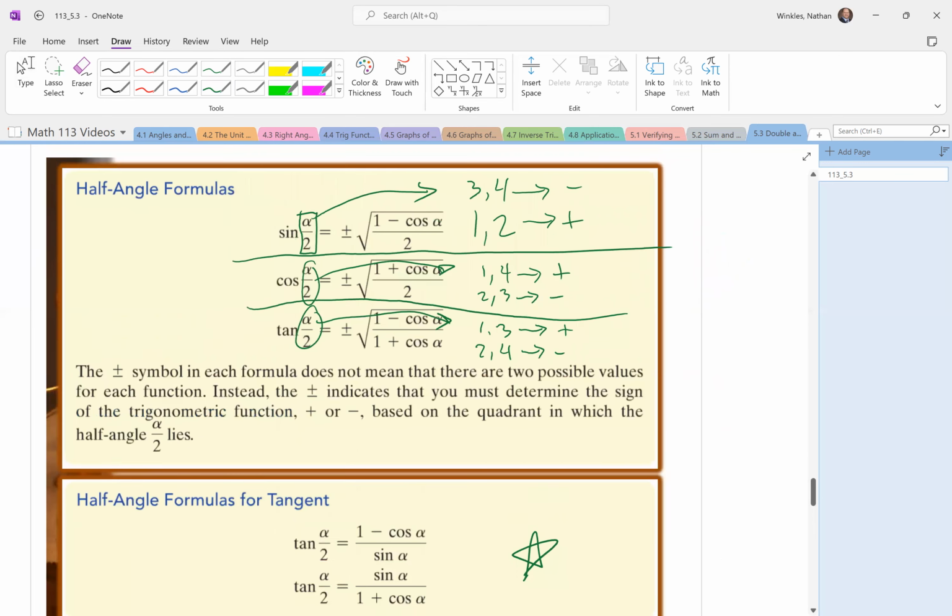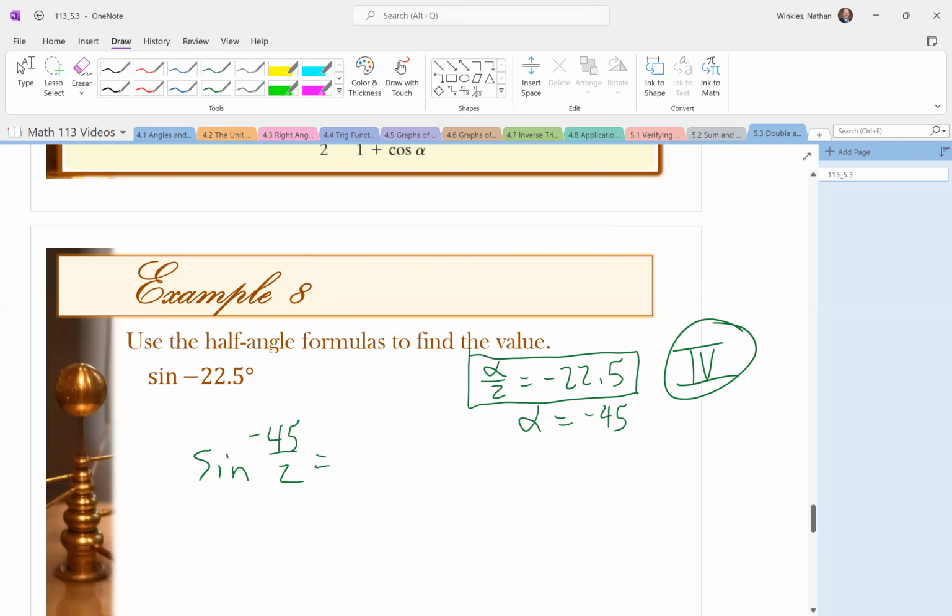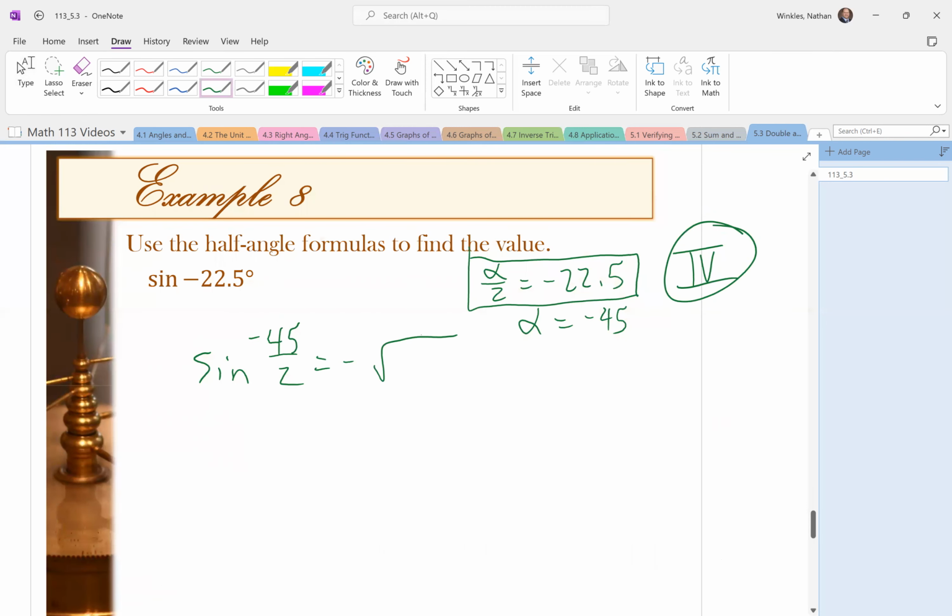So this is negative the square root of 1 minus cosine of negative 45 all over 2. Cosine in the fourth quadrant is positive. So this is 1 minus root 2 over 2, all over 2.